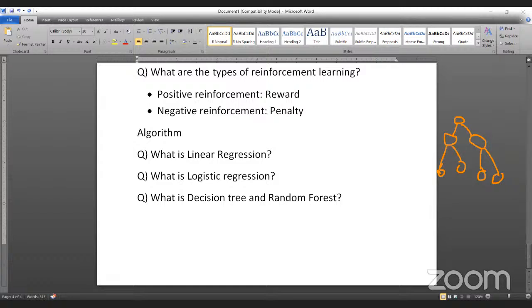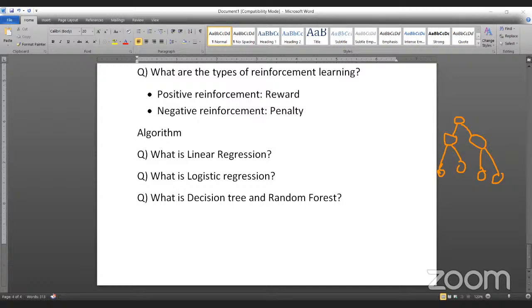Information gain is decided by entropy. Entropy is the measure of impurity, or in simple terms, the variance of the data set.